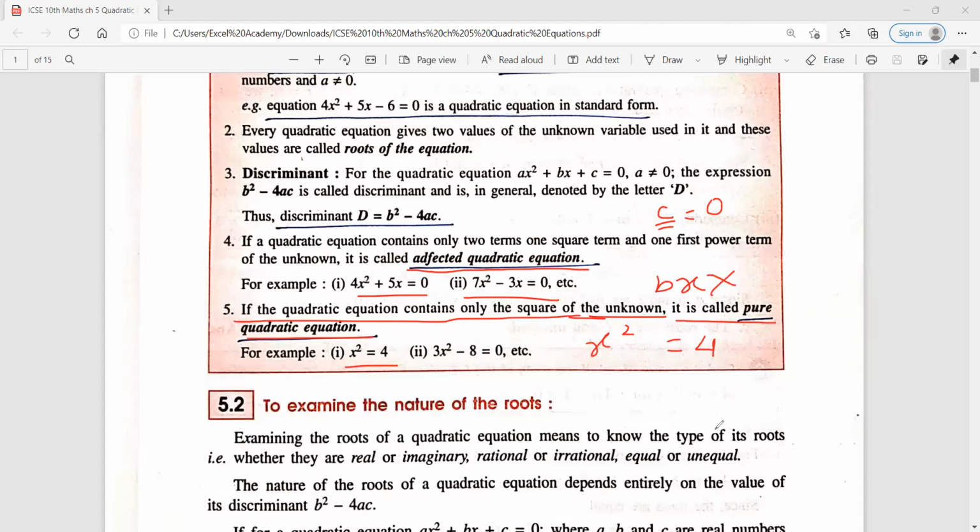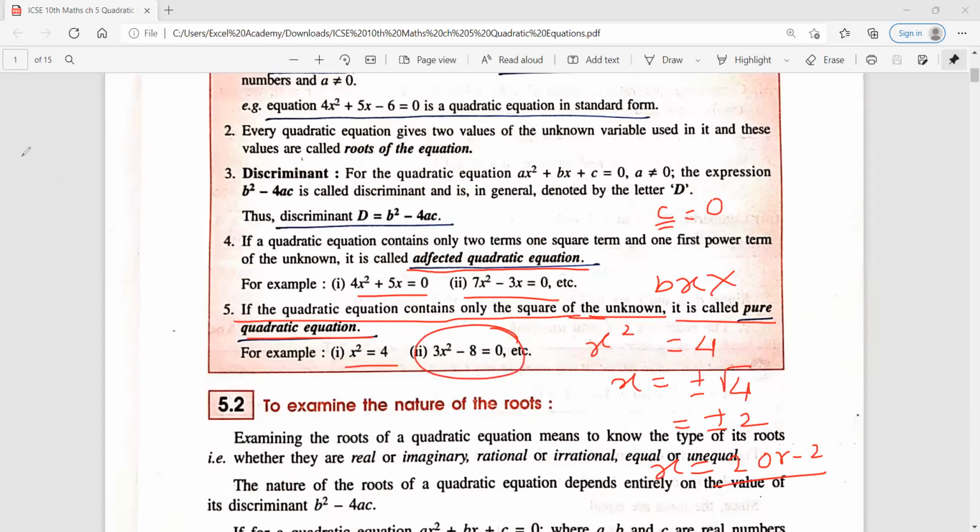Constant term c is there and ax square is there. So x square is equal to 4, for example. What will you say? Taking square roots of both sides, x is equal to plus minus root 4, that is plus minus 2. So what is x? Plus 2 or minus 2. Same value but different signs. म्हणून याला pure quadratic equation म्हणतात.